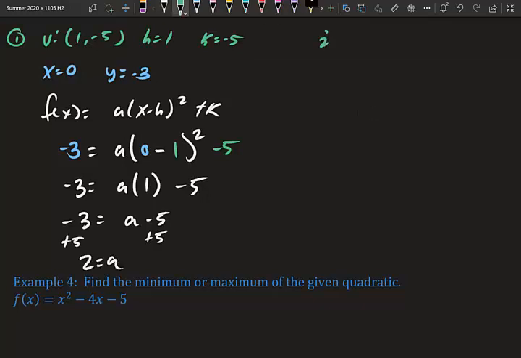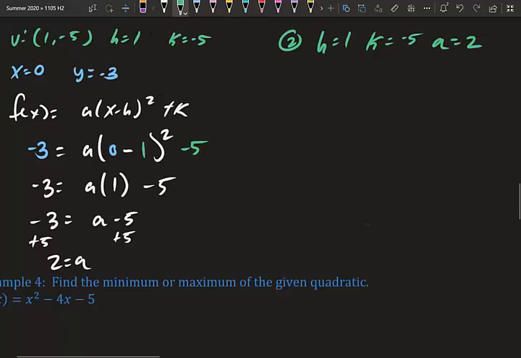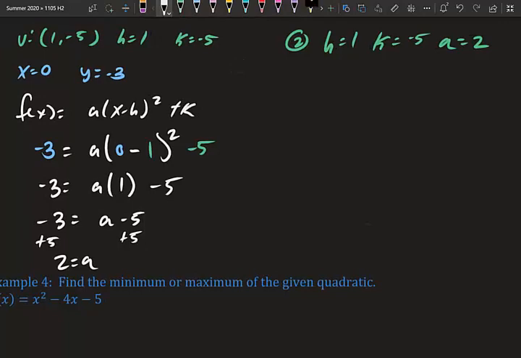So we found a. Now our second step is to use h, k, and a. h is 1, k is negative 5, a is 2. Now we plug it into the same formula: f of x equals 2 times (x minus 1) squared minus 5.